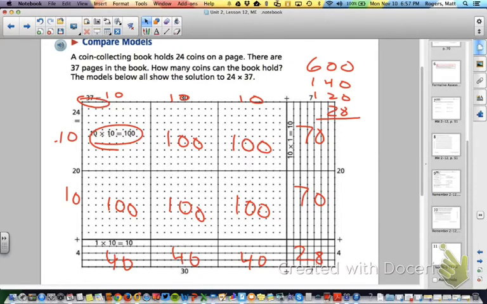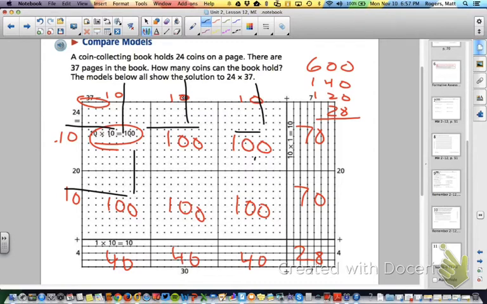Along the y-axis, or looking down, you break 24 into expanded form, so you have 2 tens and then 4 individual ones. And then by lining up the top with the side, you would do 10 times 10, 10 times 10, 10 times 10, over and over 6 times, to get 600.